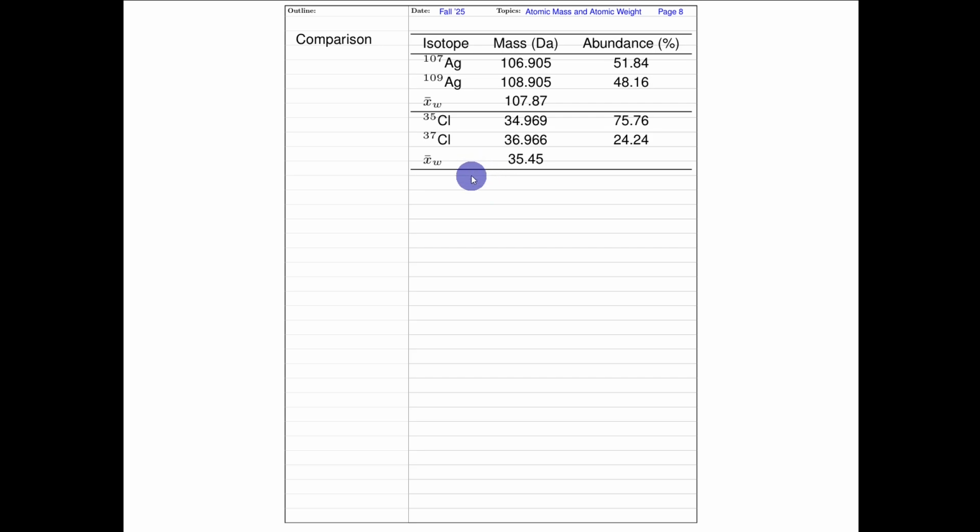Now chlorine has two isotopes, but one of the isotopes is quite a bit more abundant, 75 compared to the 24.24. And so you see that the weighted average is 35.45, which is closer to chlorine-35 than the chlorine-37.